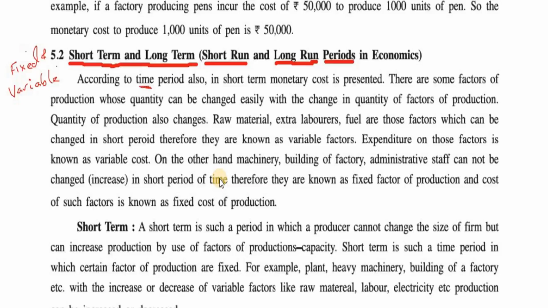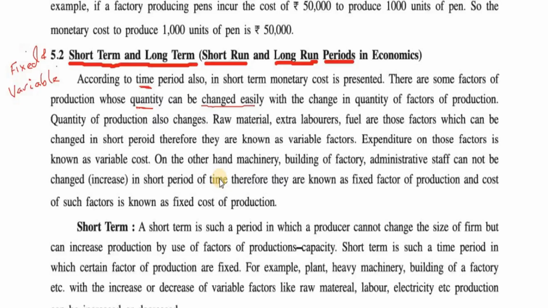If I take period of time, then short-term monetary cost is presented. See, there are factors of production whose quantity can be changed very easily with the change in the quantity of factor of production. In simple words, more laborers can be employed in the short term, only, and the production can be increased.